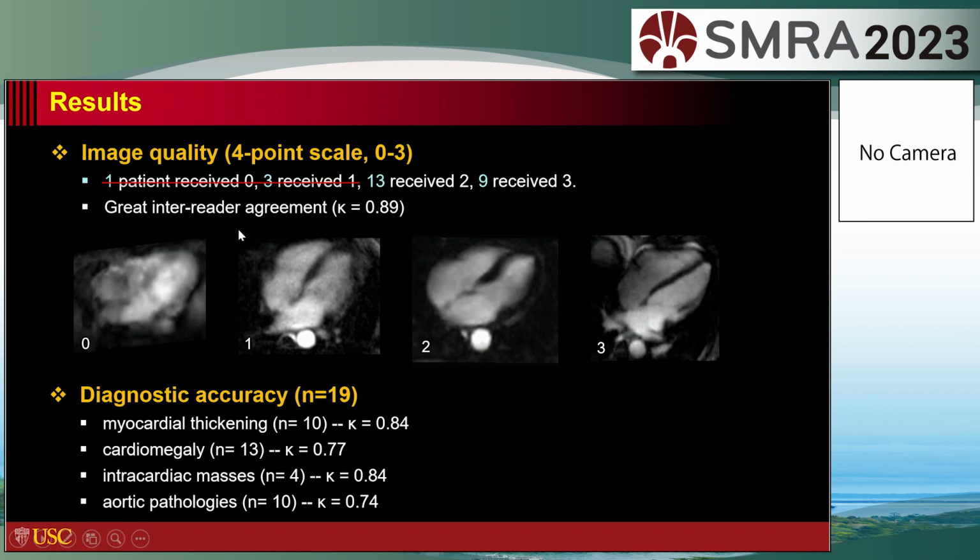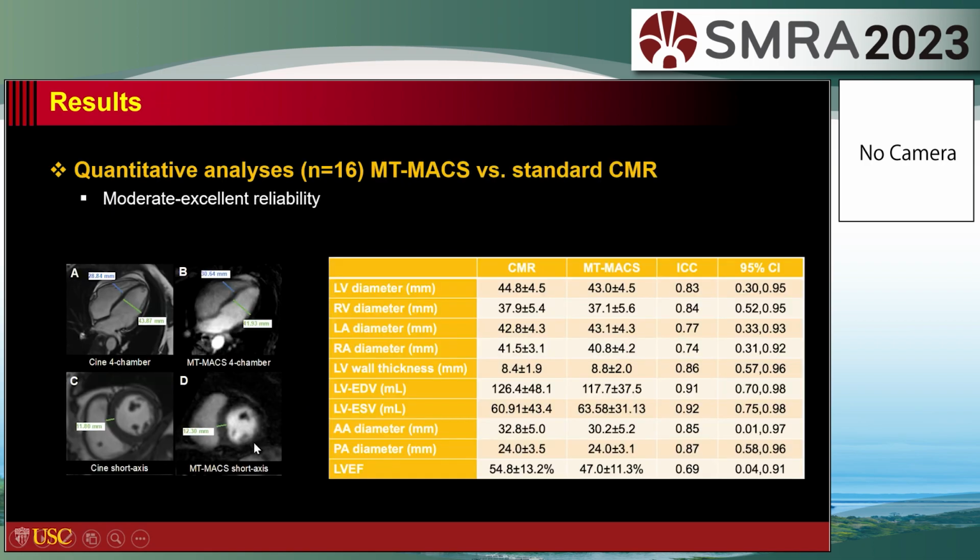And for diagnostic accuracy for these 4 different categories of disease, we also observed good to excellent agreement between MT Max and the clinical standard imaging and clinical information diagnosis. And in terms of quantitative analysis, we had 16 subjects with standard CMR, and we observed moderate to excellent reliability in all these quantitative markers.